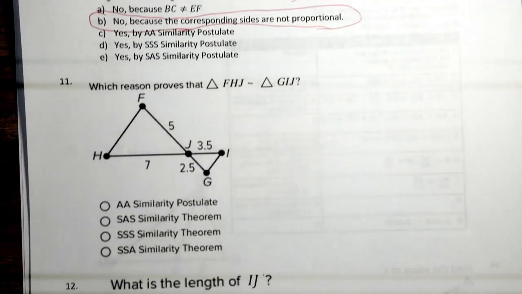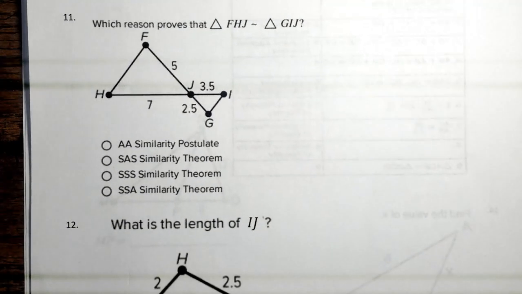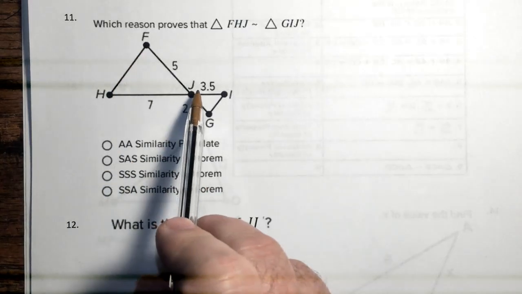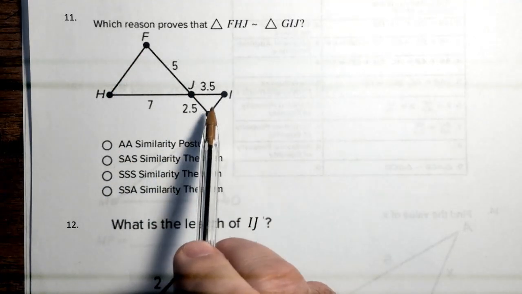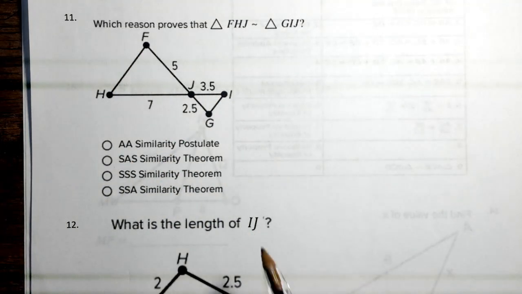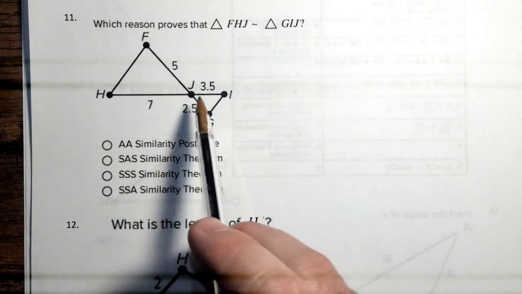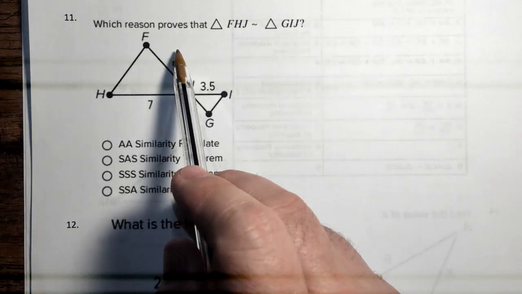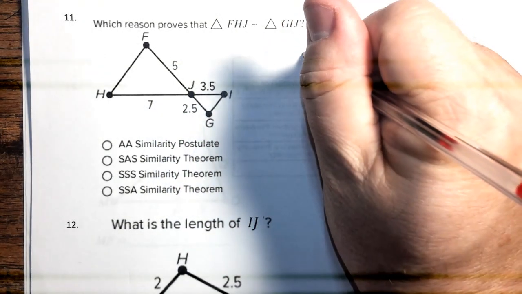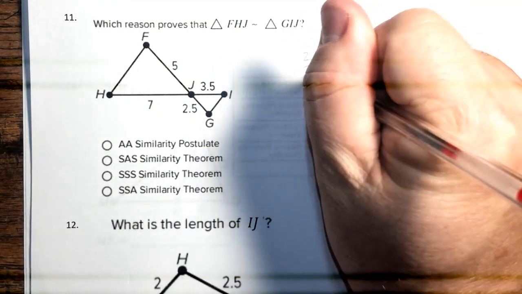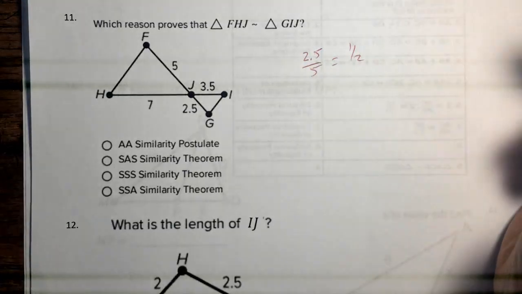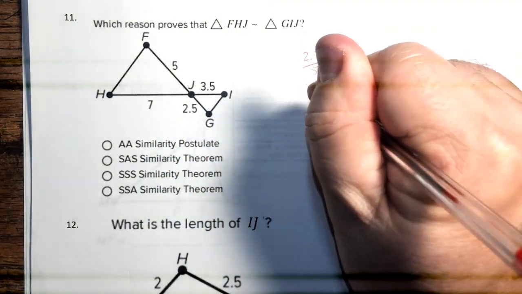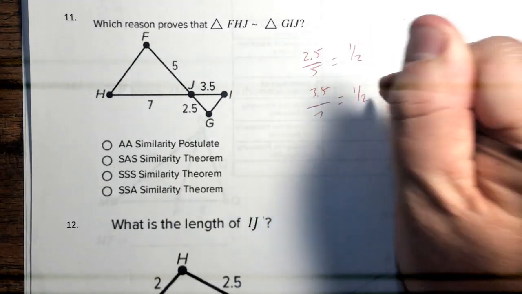Okay, scooching. Number 11. Which reason proves that triangle FHJ is similar to GIJ? Okay, so let's check our sides. GJ and FJ. So we have 2.5 to 5, which is 1 to 2. And then this other side, 3.5 to 7, which is also 1 to 2.